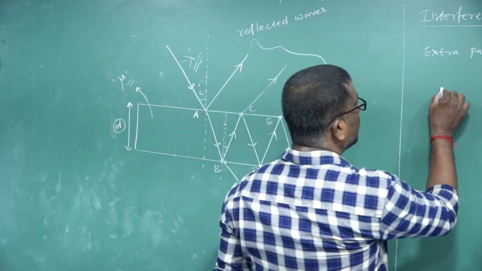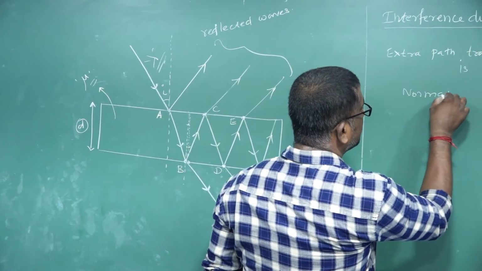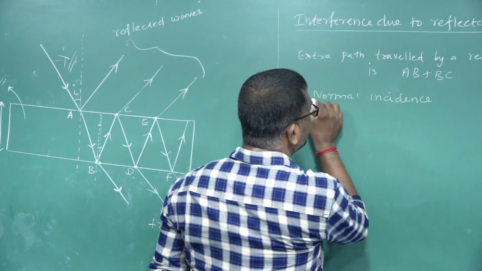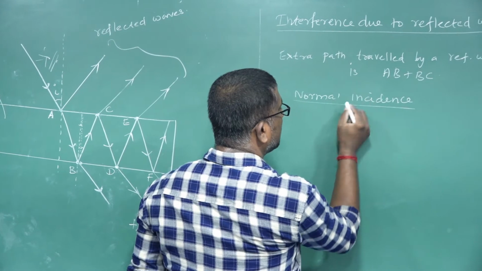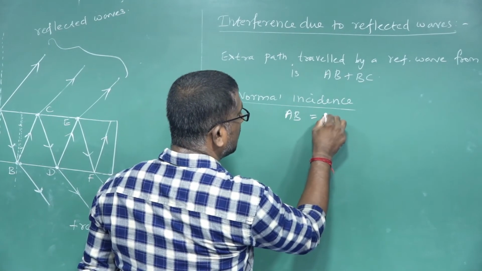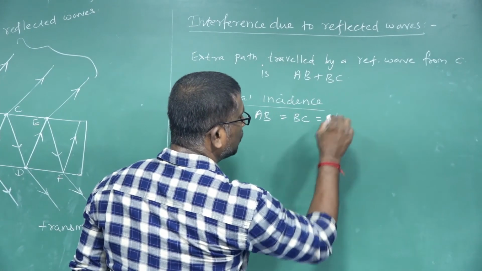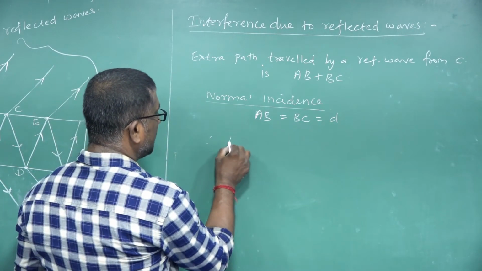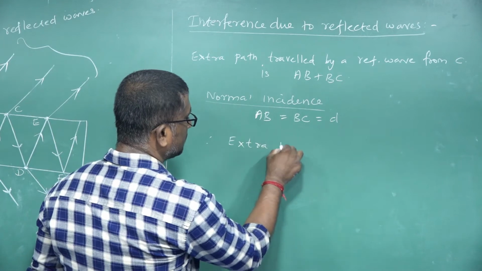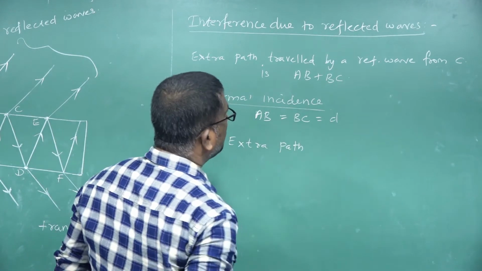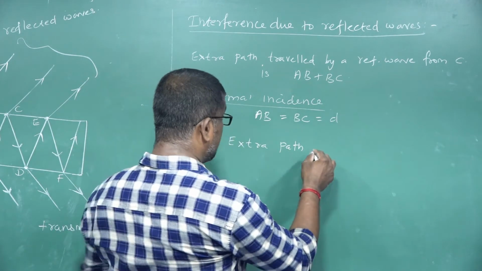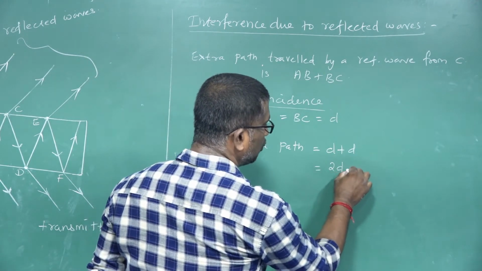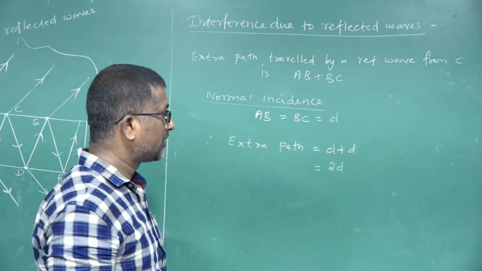Therefore, the extra path traveled by the reflected wave from the point C becomes d plus d, that is equal to 2d.